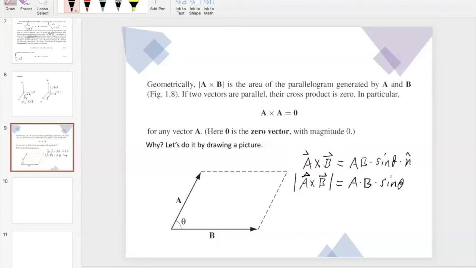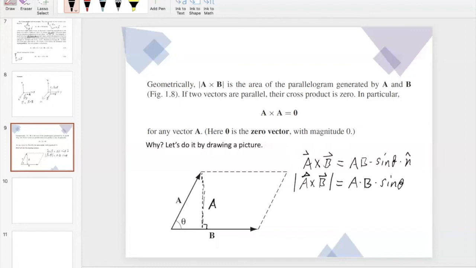Now look at this figure here. If this is A, that is B. If we draw a line perpendicular to B, connecting the tip of A to the vector B, you'll figure out what this dashed line is.